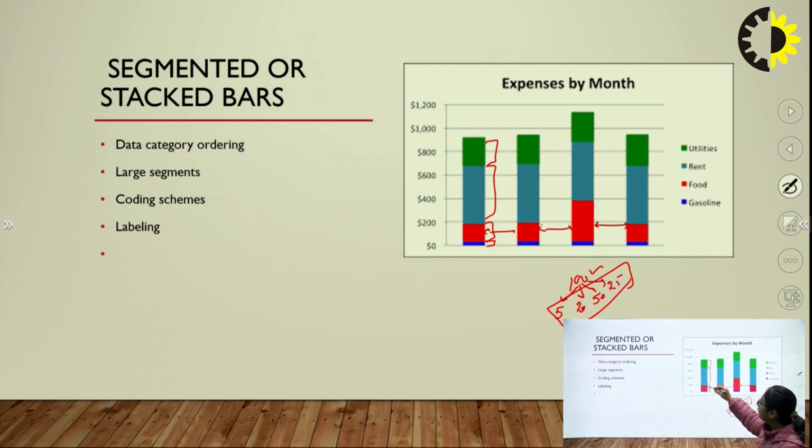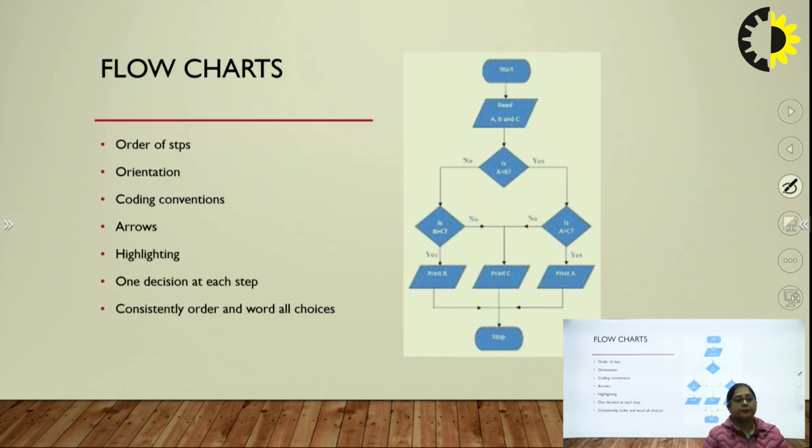Based on that we find these segments of a bar. Based on the data category, what ordering we are doing, the large segment of data, the coding schemes we use, and the labeling we have done here.